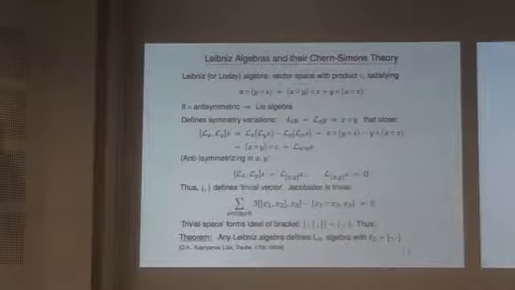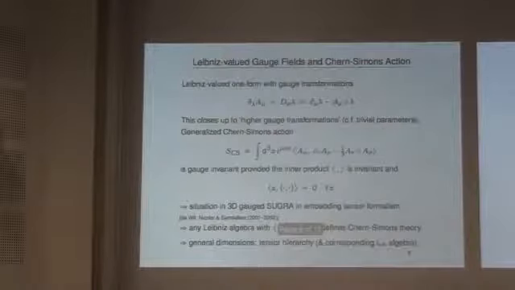And moreover, I can check that this trivial space forms an ideal of the antisymmetric bracket, in the sense that if I take the bracket of anything with a symmetric part, it can also be rewritten as a symmetric part. And it turns out that this is actually sufficient in order to prove that any Leibniz algebra then defines an L-infinity algebra where the L2 is given by the bracket, and I have to define suitable higher brackets, of course. So in that sense, that's a very easy way to construct L-infinity algebras.